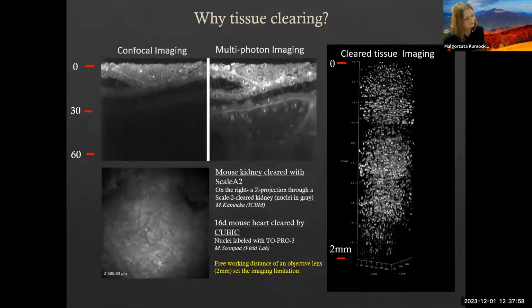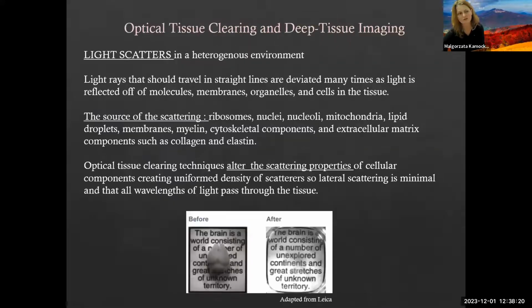He was specifically interested in looking at cardiac myocytes. And you can see that we were able to image up to 2 millimeters through this volume. The free working distance of an objective set the limit for this imaging. We could image farther, but unfortunately, the objectives we have didn't allow us to do that.